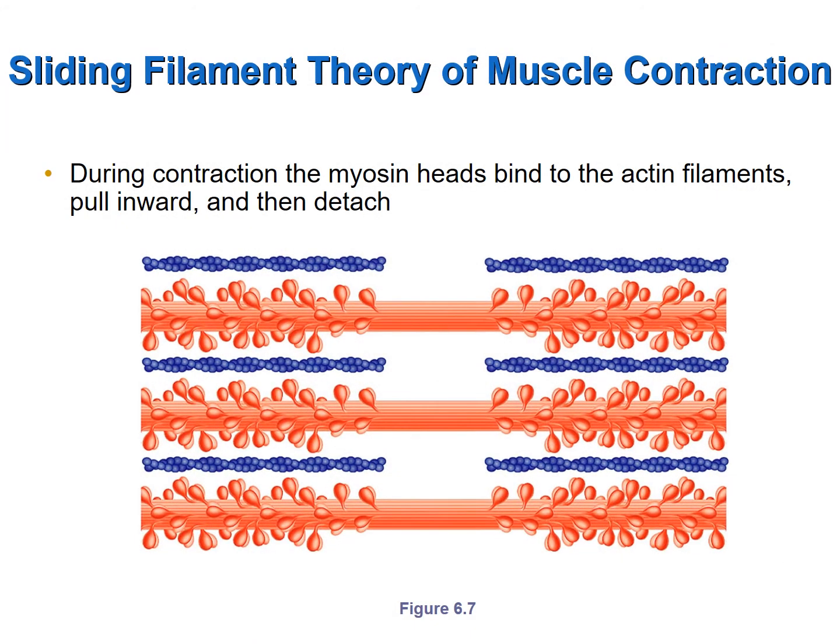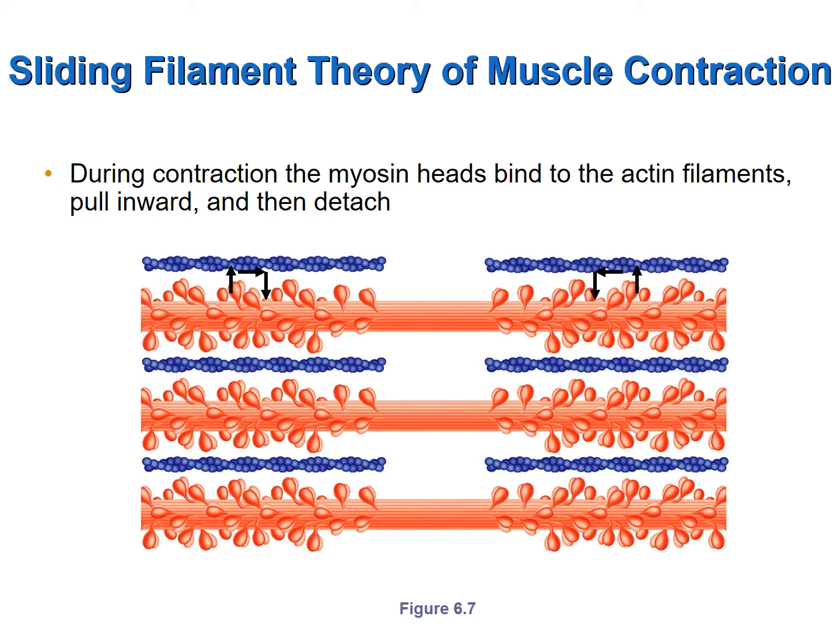Now let me explain what happens when a sarcomere contracts. The myosin head attaches to the actin filament, pivots and pulls inward, and then detaches. Other myosin heads attach to the thin filaments, pull inward and detach.